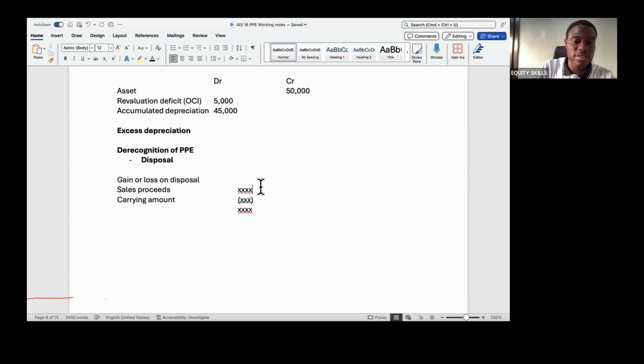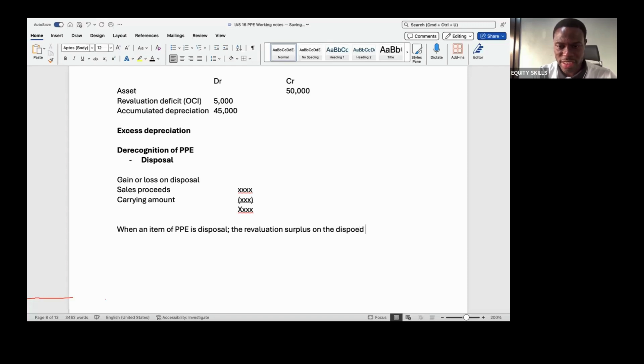So when an item of PPE is disposed, the revaluation surplus on the disposed asset becomes realized.